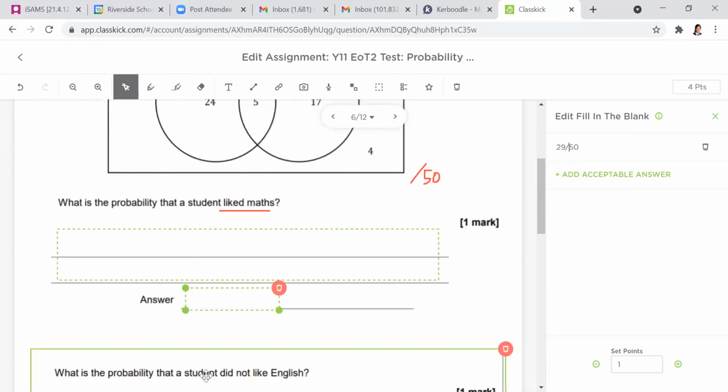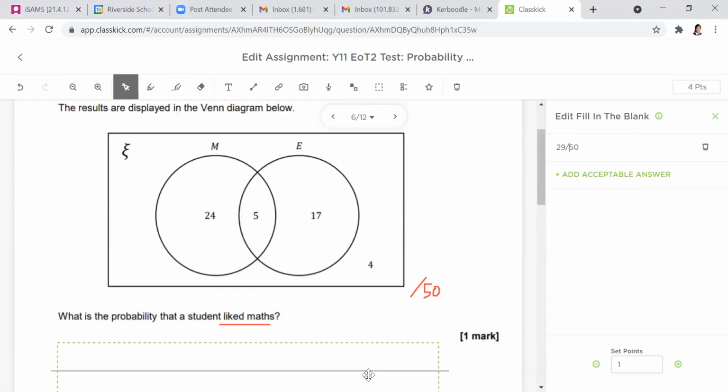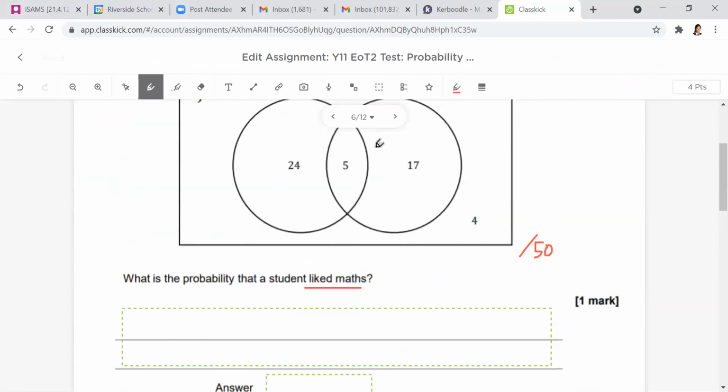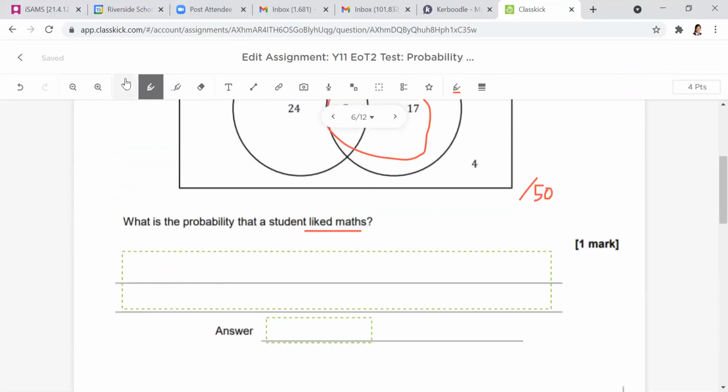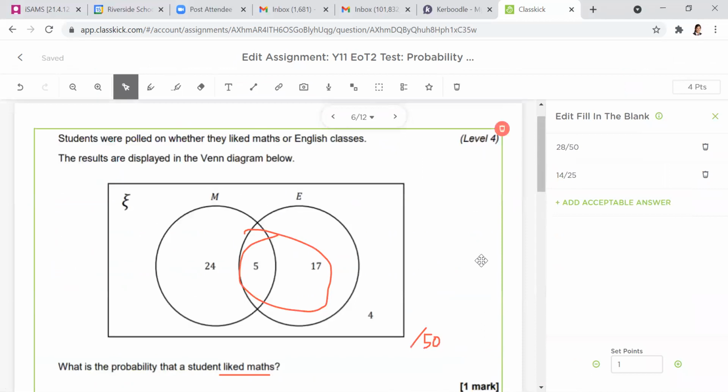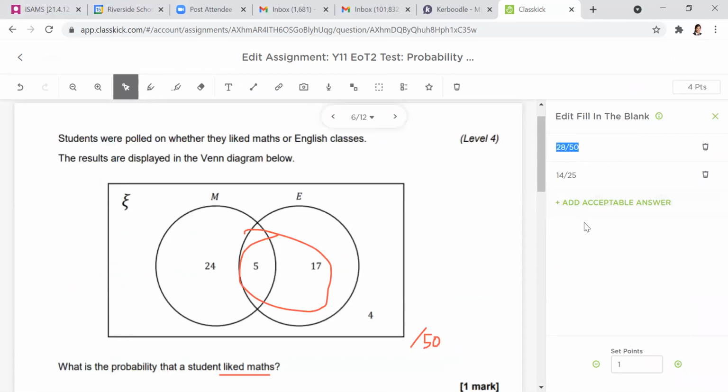What is the probability that the student did not like English? So I look at the E circle and I look outside the E circle. So 24 plus 4, 28 out of 50, which can be simplified as 14 out of 25.